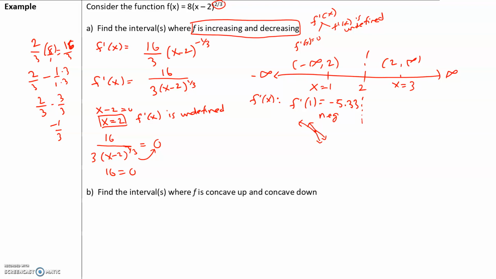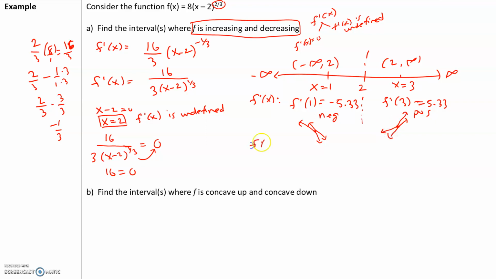When x equals 3, we want to find out what f prime of 3 is, and this equals 5.33, positive. So because this is positive, the slope of the tangent line is positive. The only way that can happen is if the function is increasing.